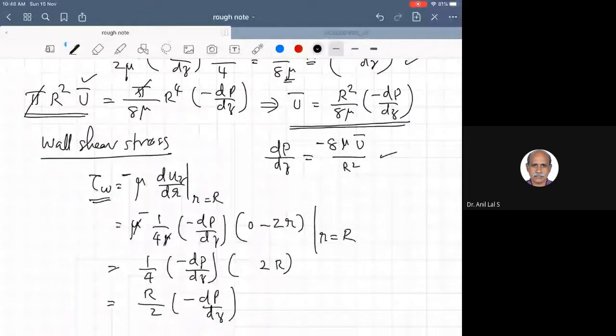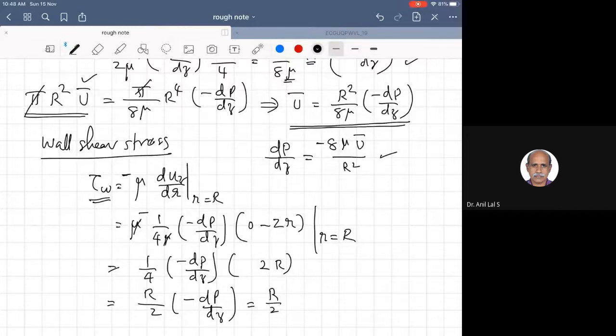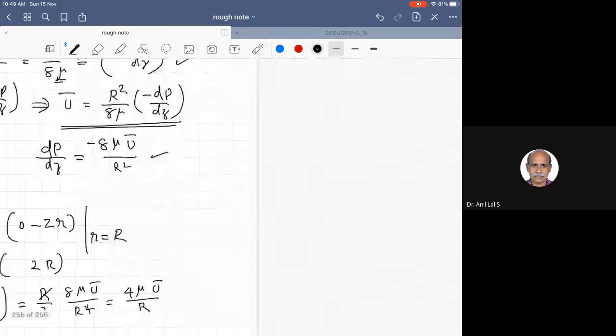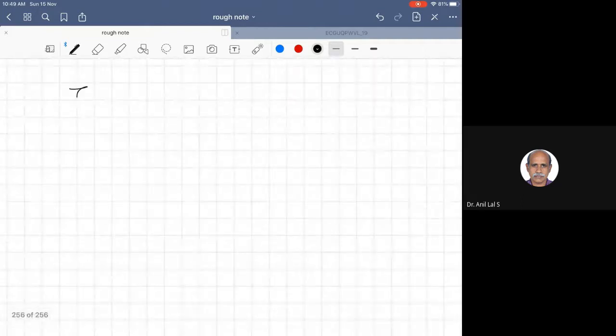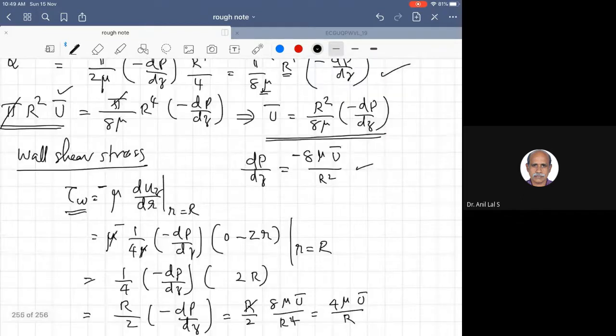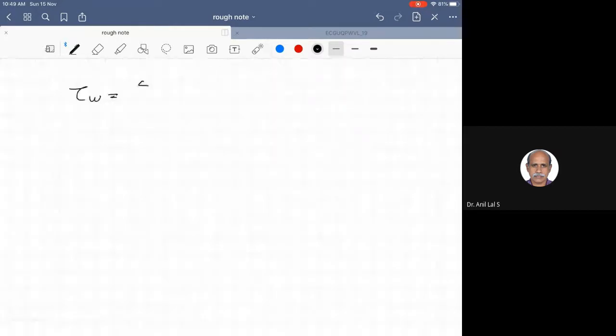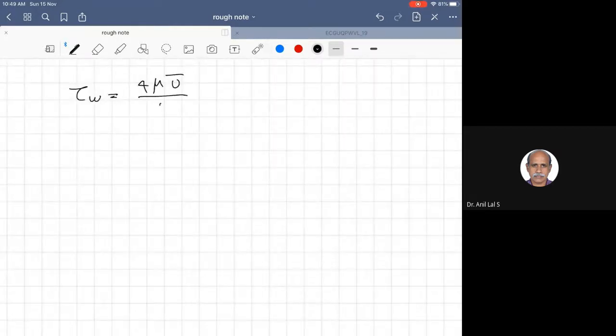If you write tau w in terms of average velocity, it becomes R by 2, the minus dp by dz becomes 8 mu u bar by R squared. So this has become positive. So one R cancels, and this becomes 4 mu u bar by R. So tau w is 4 mu u bar by R.